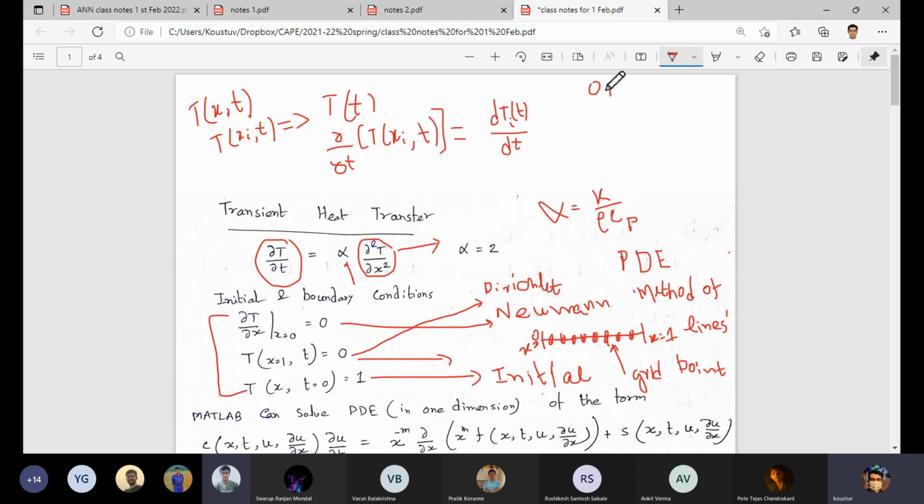So we convert the problem from a PDE boundary value initial value problem to an ODE IVP. The main reason for converting is that for ODE IVP, the solution methods are well developed. That means you have several integration subroutines available, not only for non-stiff problems but also for stiff problems.